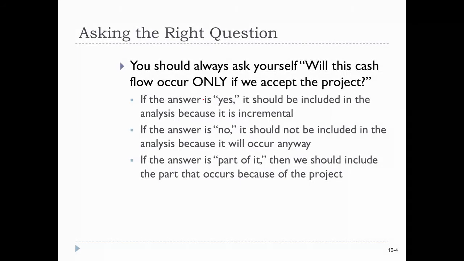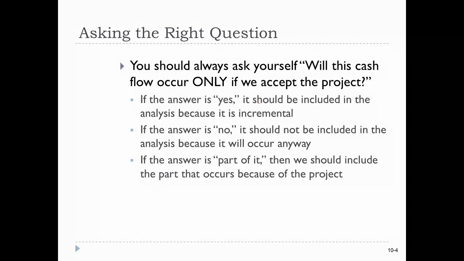So when you're looking at these stories and you're told that the selling price of the product is $1,000 per unit, well, you should ask yourself, is that incremental? That is to say, will we receive that $1,000 if and only if we accept the project? That is to say, if we decide to build a factory, then we can collect the revenue.